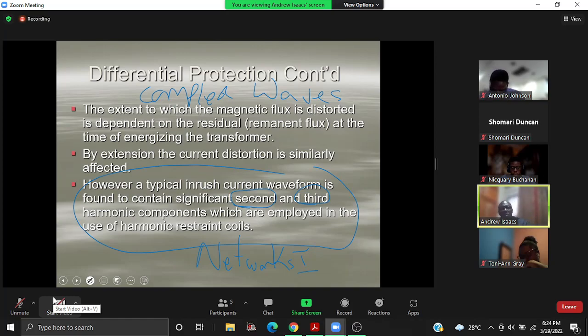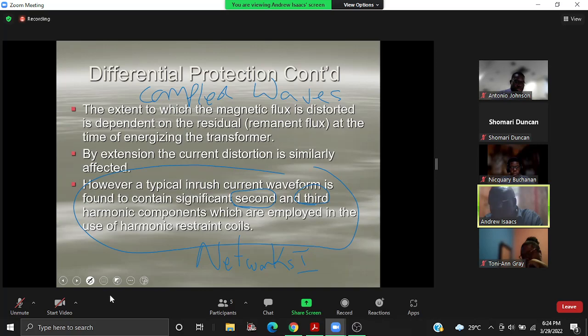So because we are able to make that determination, we can then use what are known as harmonic restraint coils. So once the system detects these harmonics, then it would not operate, because it would recognize that the current at the input are inrush currents.